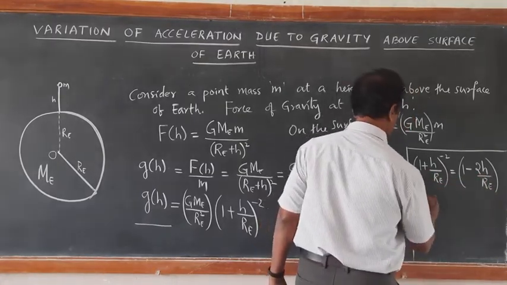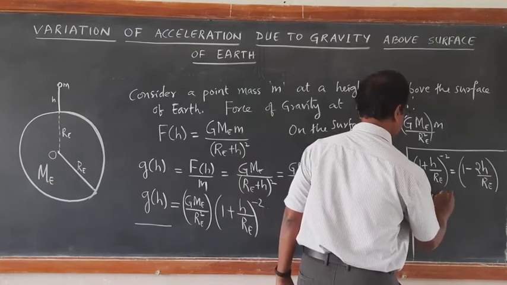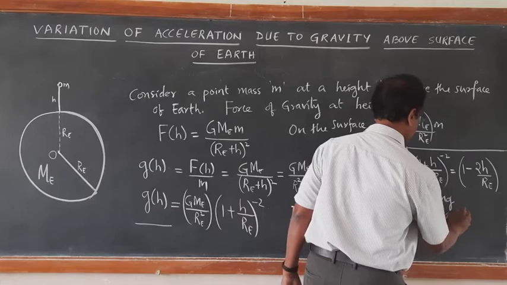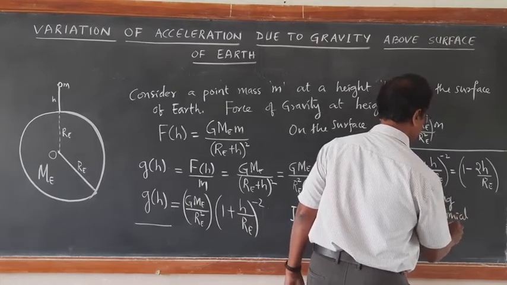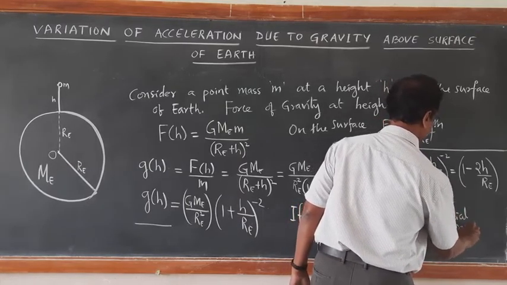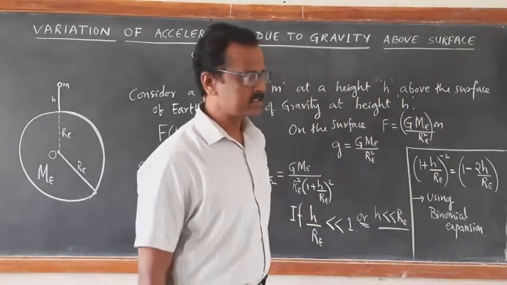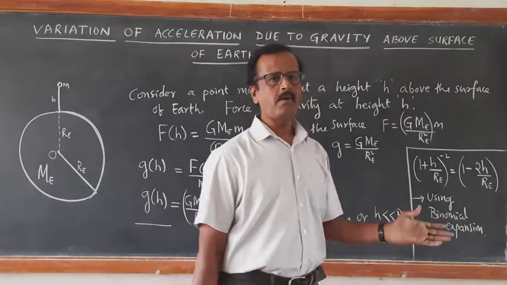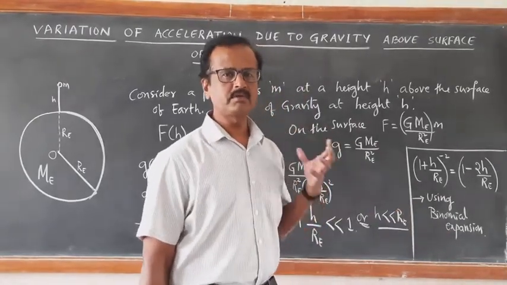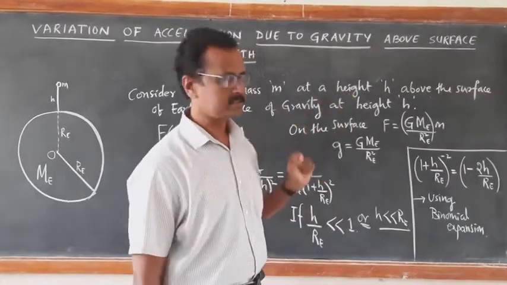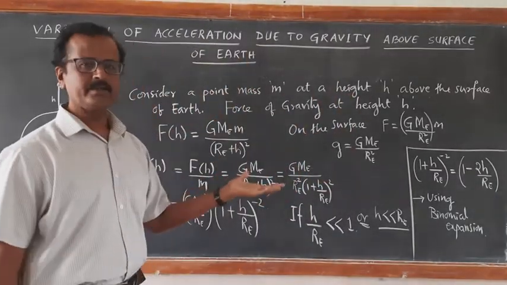This is using binomial expansion. Neglecting the higher order terms, since they are going to be smaller and smaller values, we neglect those higher order terms in the binomial series. This you are learning even in maths also.